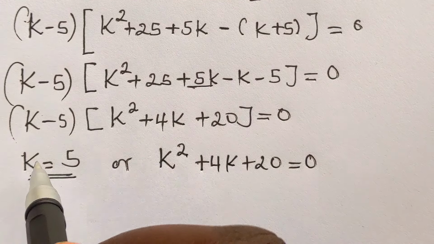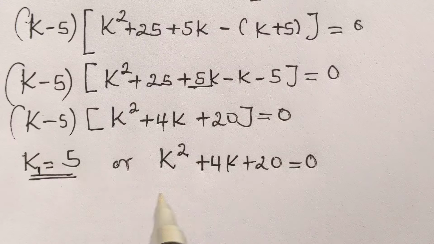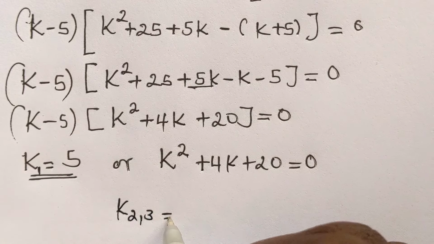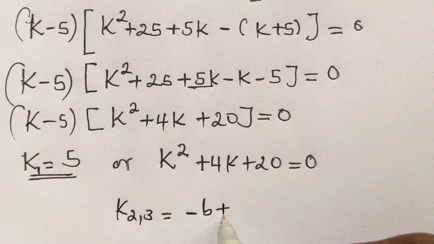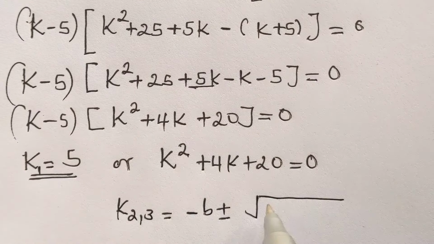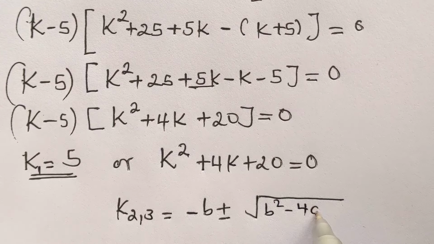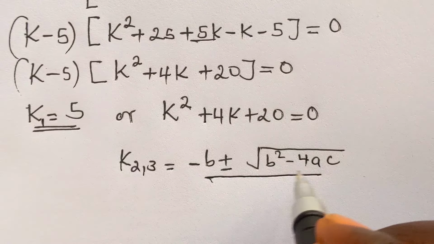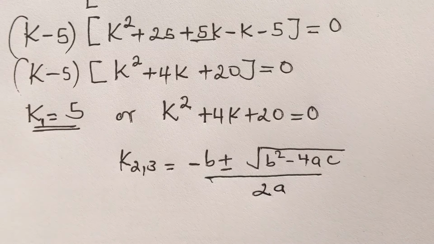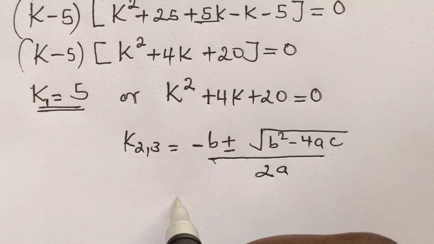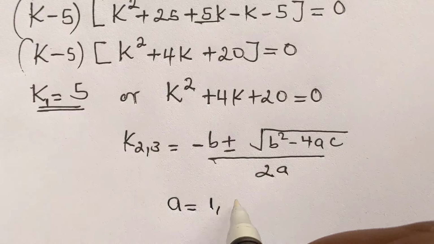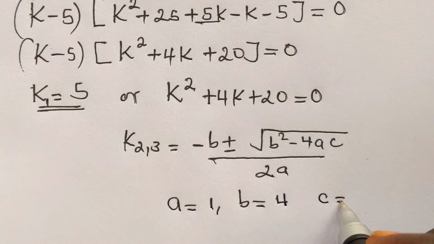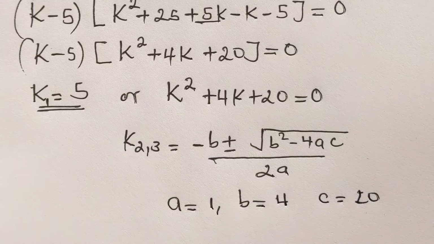Here we know that k2 and 3 equals negative b plus or minus square root of b squared minus 4ac, over 2a, whereas our a equals 1, b equals 4, and c equals 20.